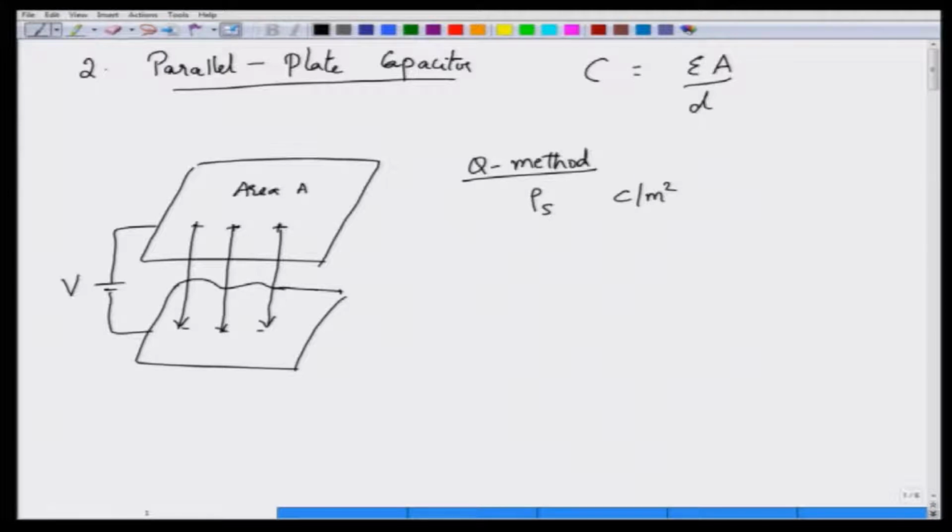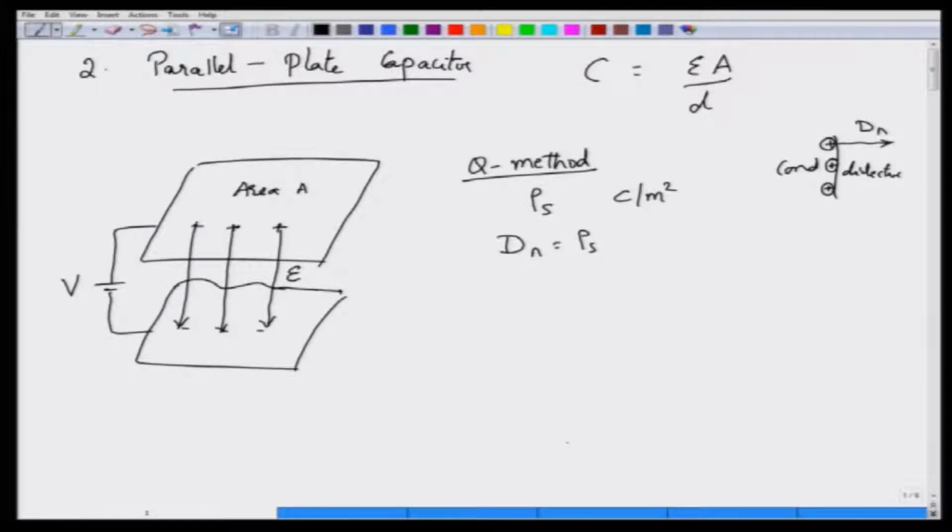From the boundary condition that you have seen, we know that there will only be a normal component of the electric field at the top plate. Recall the boundary condition: you have a conductor and free space or a dielectric. We will assume there is a dielectric epsilon in between the two. We have already seen that there will only be the normal D component, and this normal D will be equal to the surface charge density on the surface of the conductor.